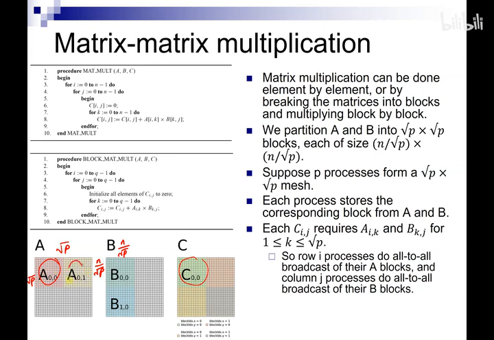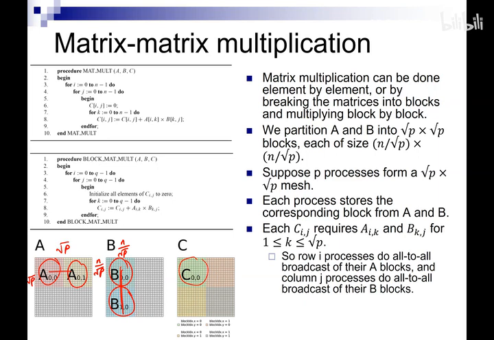The second process starts with this block, and he's going to broadcast it to the first row of processors also. You're going to do the same thing with B, but you're going to broadcast along the columns. This one broadcasts along the column, and this one also broadcasts along the column. So these are all-to-all broadcasts.